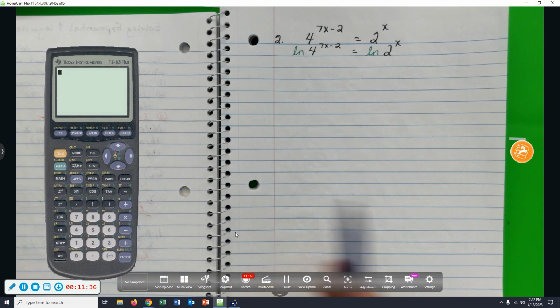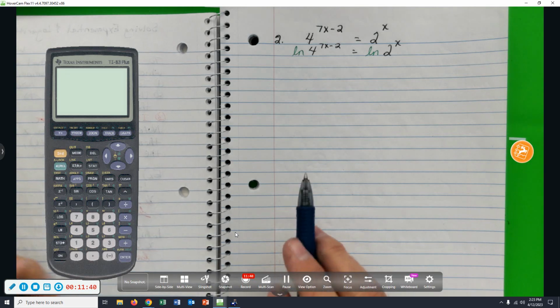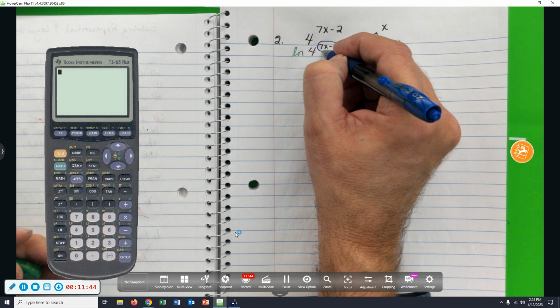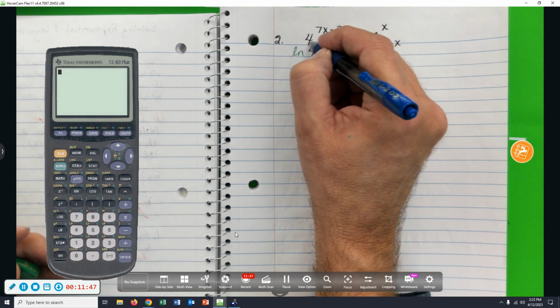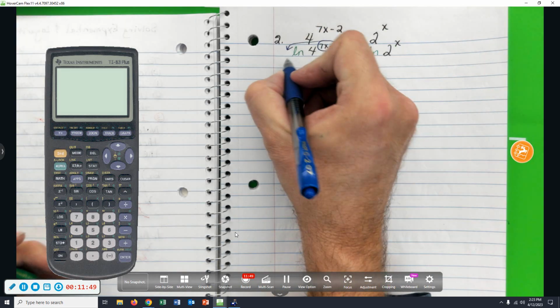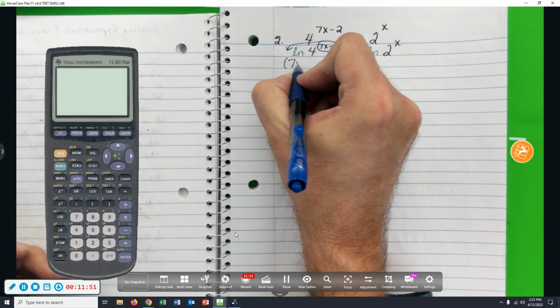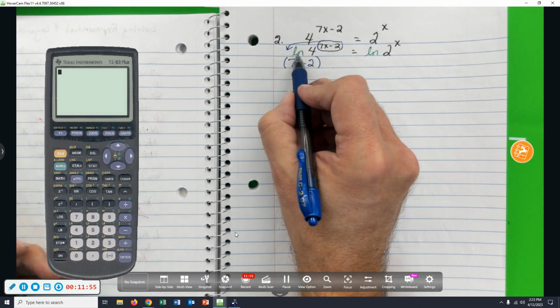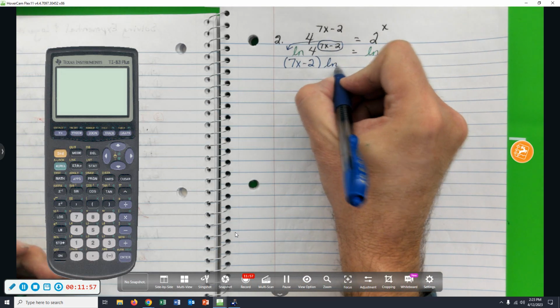Step 2 is where we carry down the exponent, and this is going to be sort of tricky because we have 2 terms in this exponent. When we carry it down in front, we need to put it in parentheses because both the 7x and the 2 are being multiplied by ln 4.